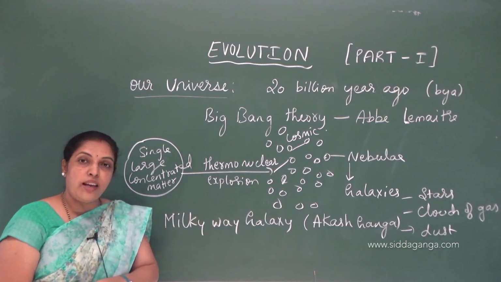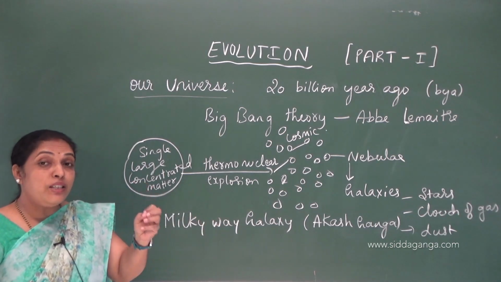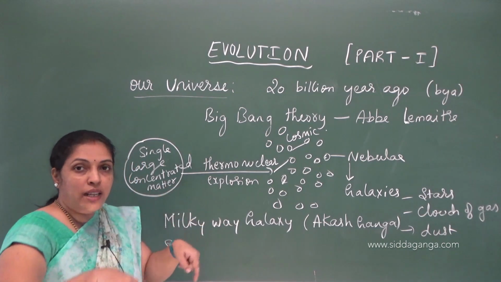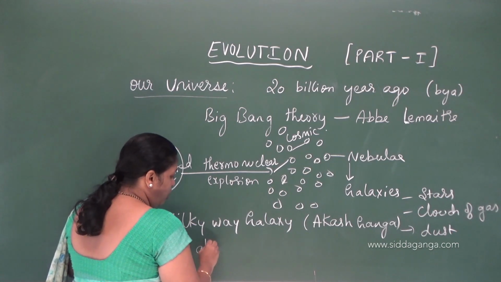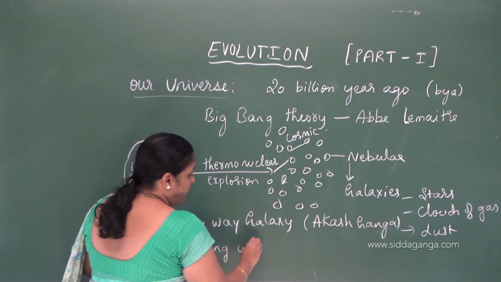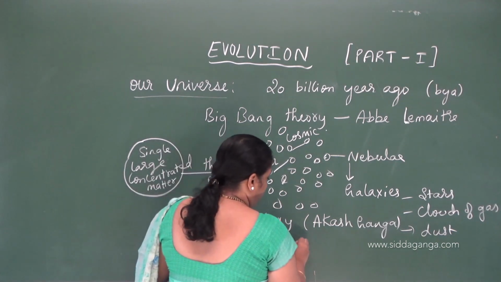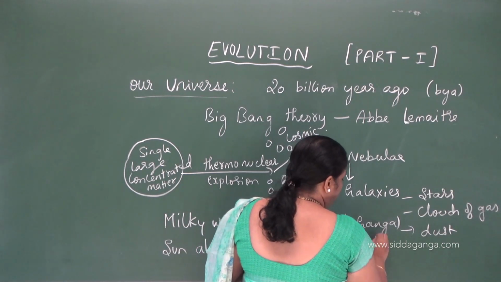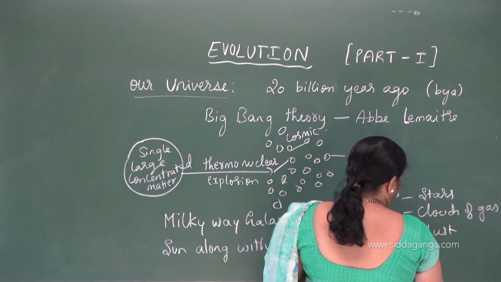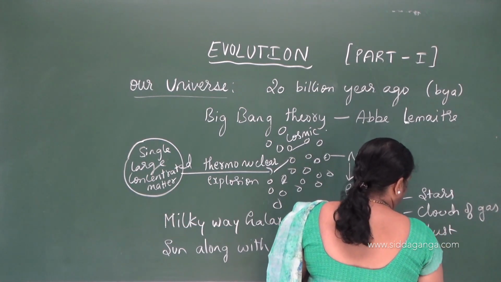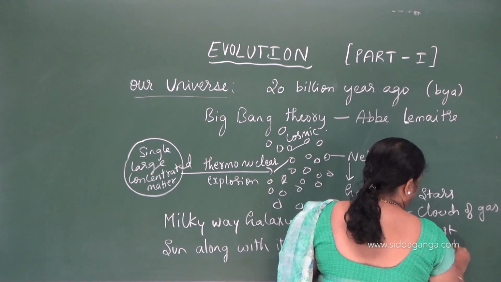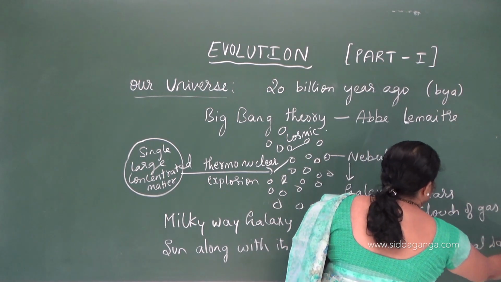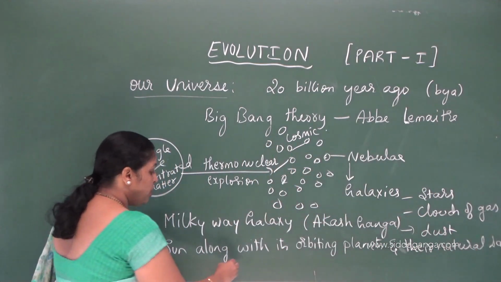The Sun along with its orbiting planets and their natural satellites forms the solar system.